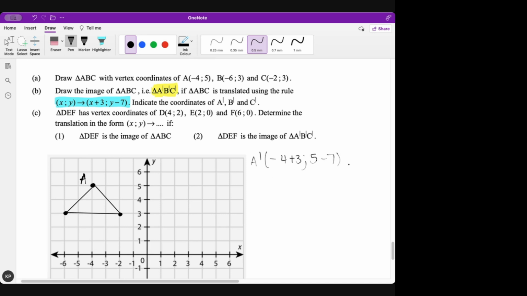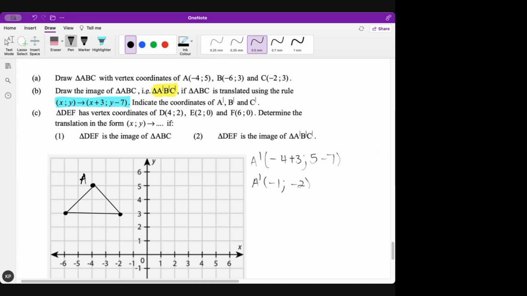What's -4 plus 3? That is indeed -1. And 5 minus 7 will give me -2. So A prime has the following coordinates.